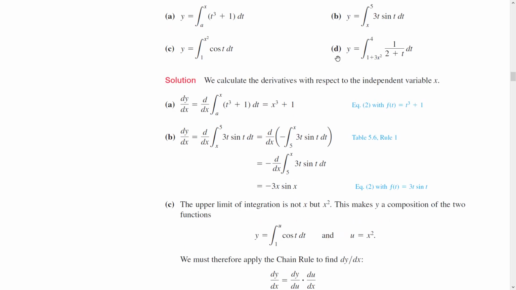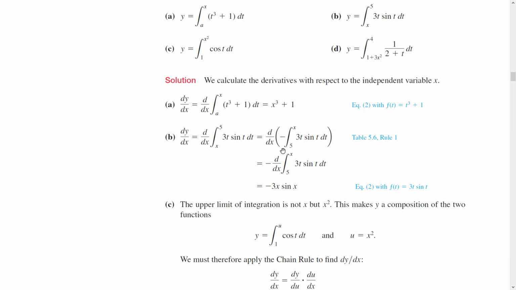Next part: y is equal to the integral from x to 5 of 3t sin t dt. Now dy by dx is equal to d by dx of the integral from x to 5. We just learned the formula for the integral from a to x. So in order to convert into that form, we interchange the upper and lower limits, and this adds a negative sign.